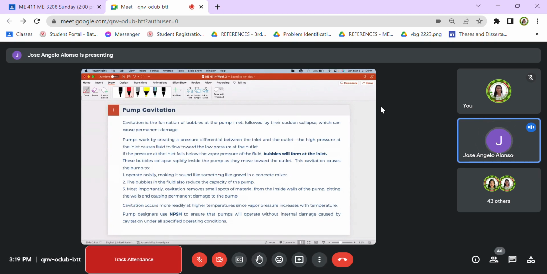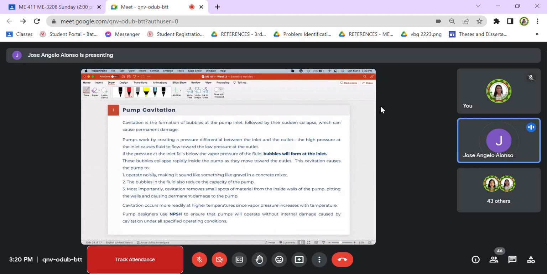So ano ba ang nakita ng mga designer na issue sa pumps, kailangan natin makadetermine yung net positive suction head ng system para hindi na magkaroon ng ganito. So that is what we call the pump cavitation.